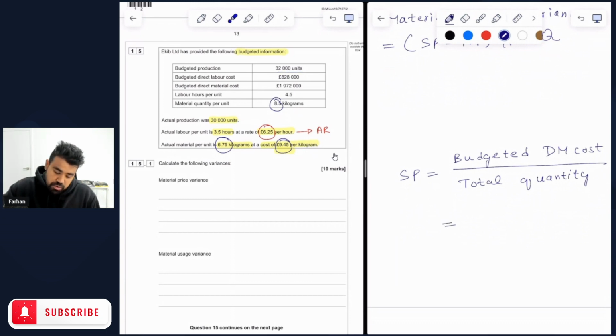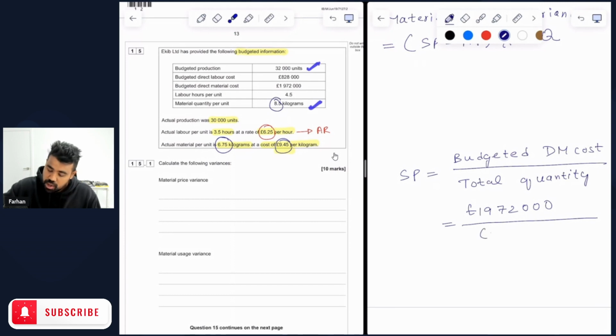So budgeted direct material cost is £1,972,000, which is given in the table here. And then the total quantity for 32,000 units that we were supposed to produce should be 32,000 multiplied by 8.5 kilograms.